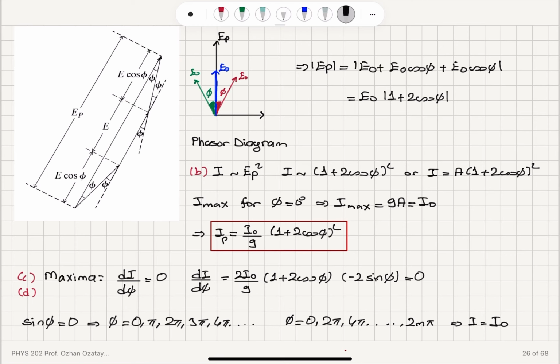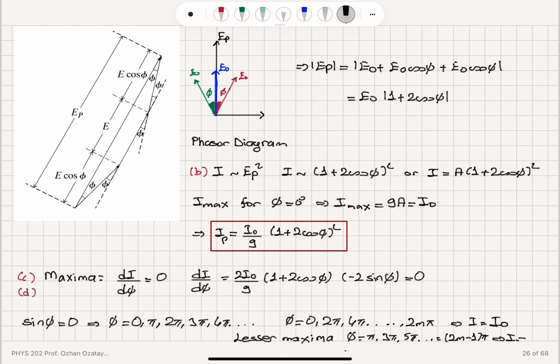So we will see lesser maxima occurring at phi equal to pi, 3 pi, 5 pi, etc., which is (2m minus 1) pi. And what is the intensity in that case?